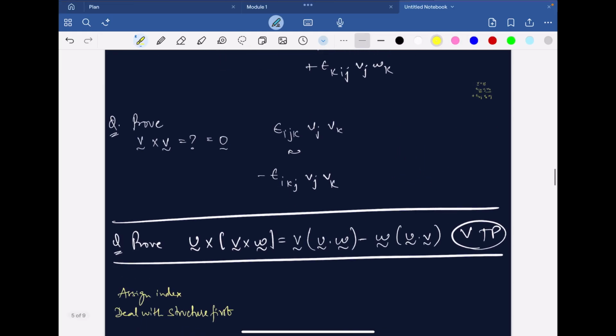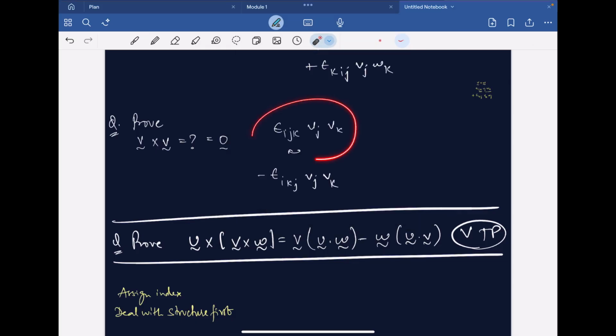Now I'll simply switch this jk, it becomes minus ikj, and you have this. Since v and v are the same, you see that a quantity is equal to its negative. That is only possible if that quantity is 0. Therefore, the answer is 0.